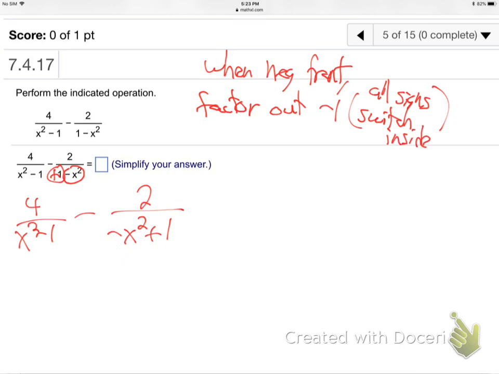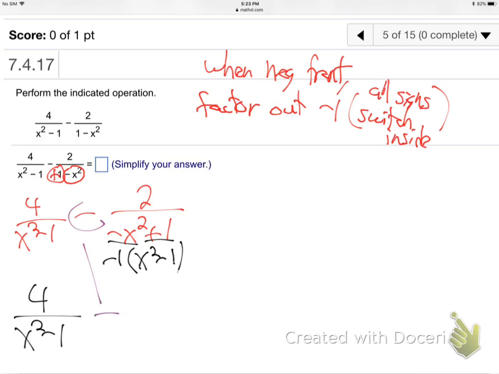So that negative in the front, I got to factor out negative 1, x squared minus 1. Do you see that that's the same thing? Because that minus 1 could multiply, be back to minus x squared, minus times minus, be back to plus 1. That's the same thing, isn't it? And so now we have 4 over x squared minus 1 minus, just bringing that minus down, 2 over -1 times x squared minus 1. Now I don't want to leave this -1 down here.